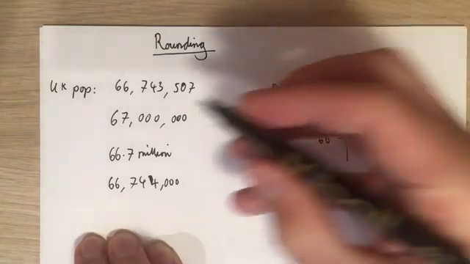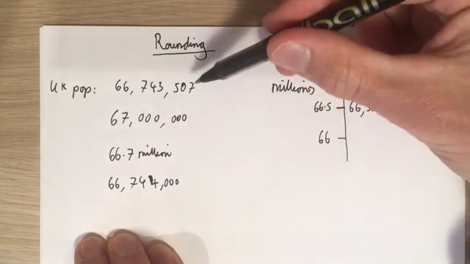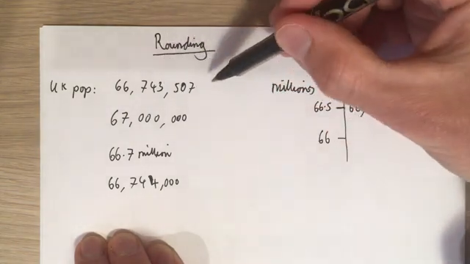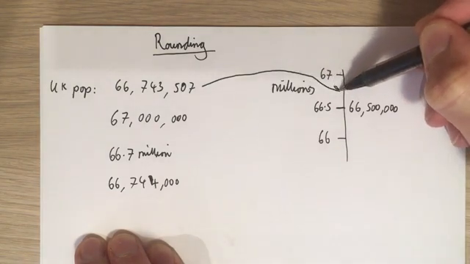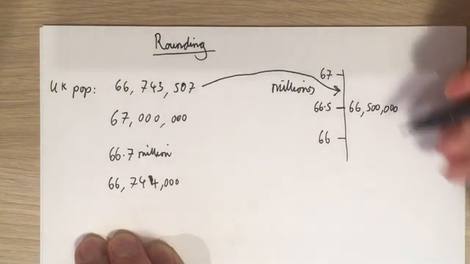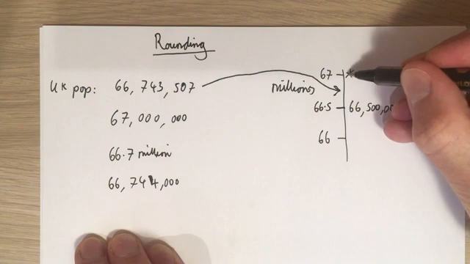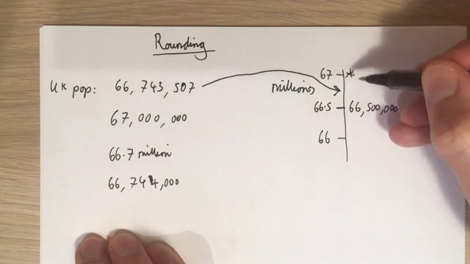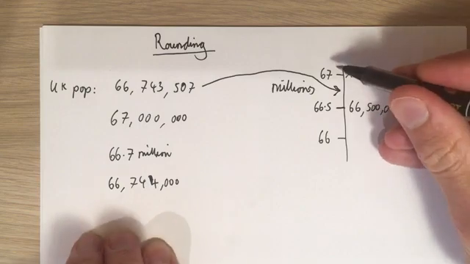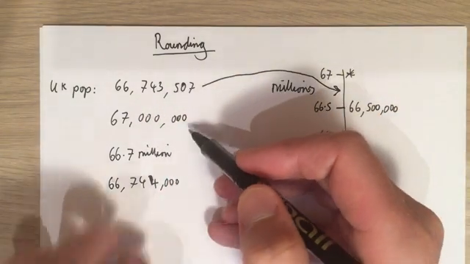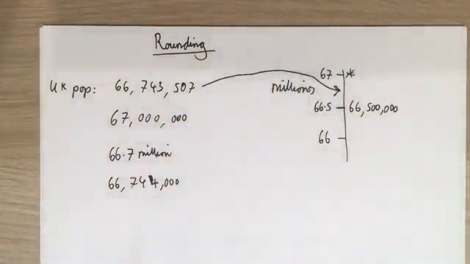So the UK population of 66,743,000 and some stuff is about here. In other words, it is closer to 67 million than it is to 66 million. So what I've just said is it's approximately 67 million. That's the idea of rounding. There we go. Very simple.